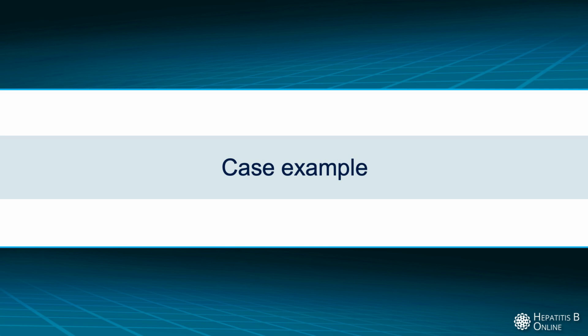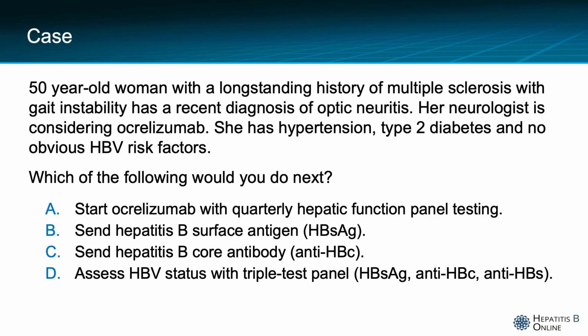So let's run through a case. This is a 50-year-old woman with a long-standing history of multiple sclerosis with gait instability who has a recent diagnosis of optic neuritis. Her neurologist is considering ocrelizumab. She has hypertension, type 2 diabetes, and no obvious HBV risk factors. So which of the following would you do next?